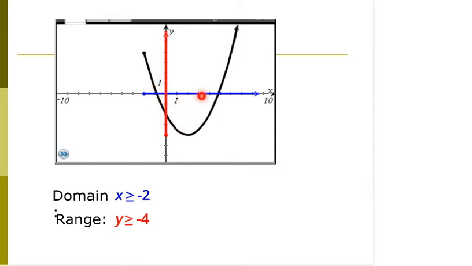So x has to be greater than or equal to negative 2, again because this point is included. If this were a deleted point, meaning that we would not put this line here. But as this point is included on the graph, then this is included as well as a boundary point. So that boundary point is a part of our domain.